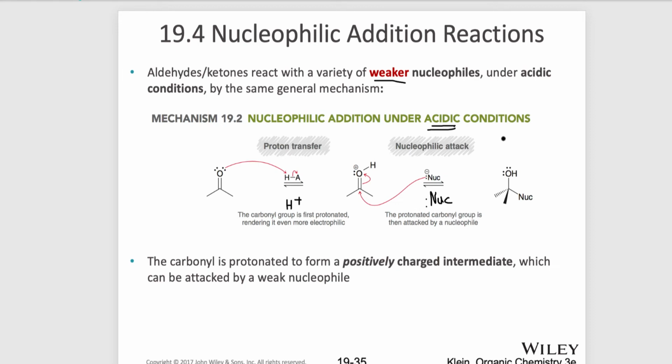And that's going to lead us to the same tetrahedral intermediate. So, the carbonyl group is protonated to form this positively charged intermediate, which can be attacked by a weaker nucleophile, something that may not have a full formal negative charge.